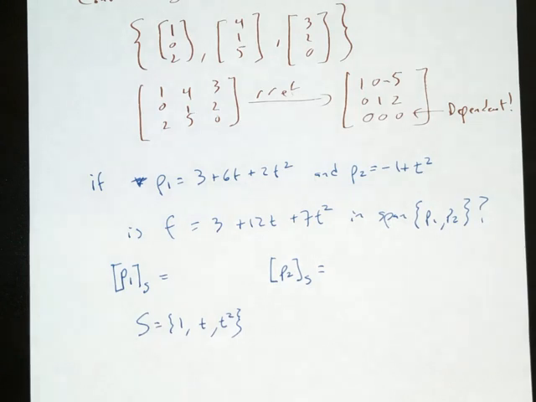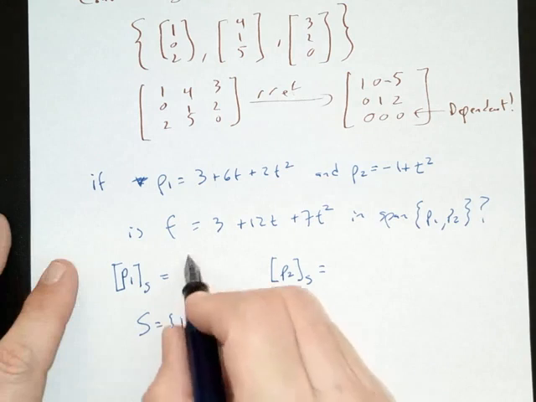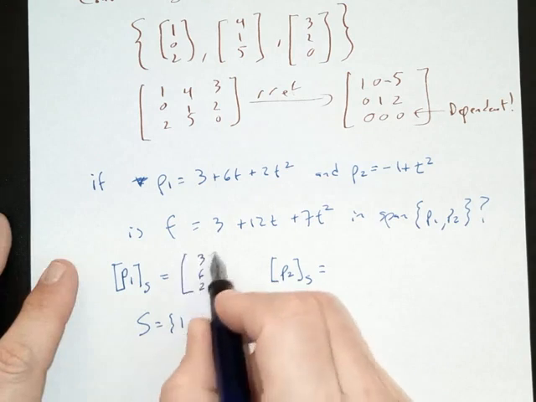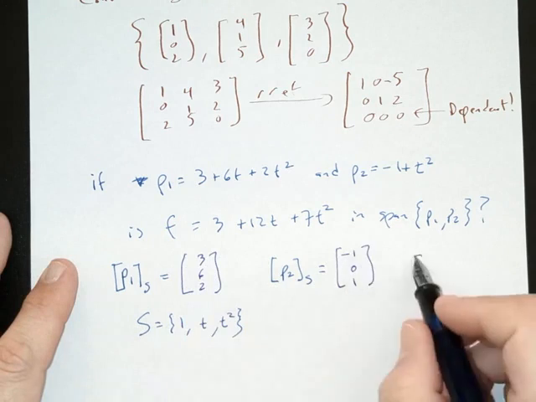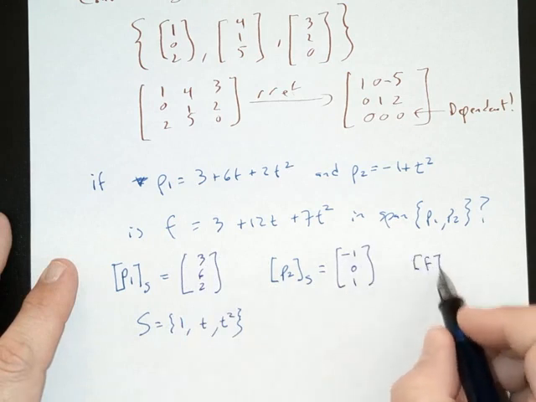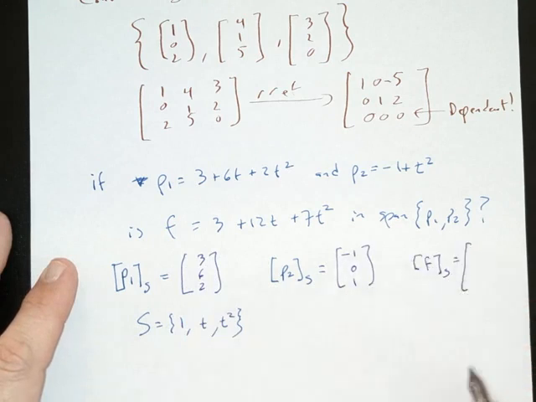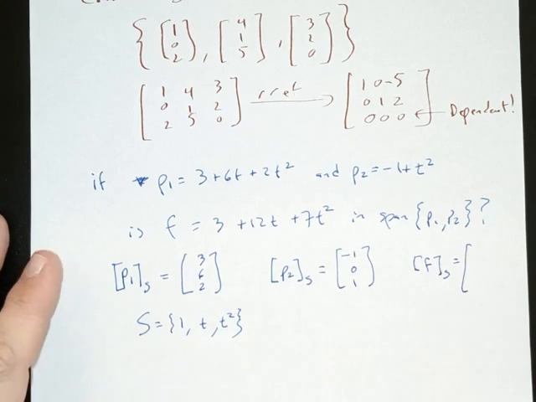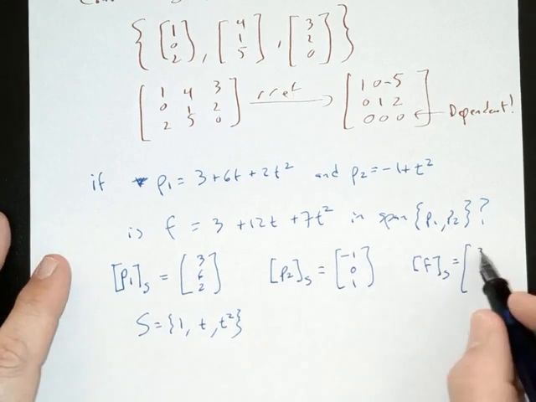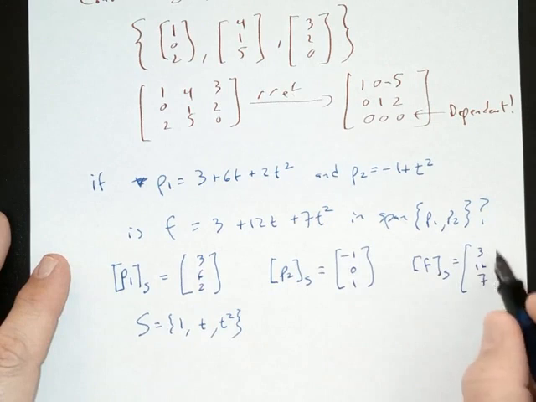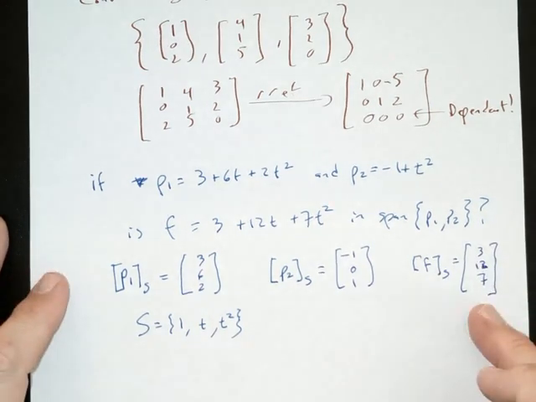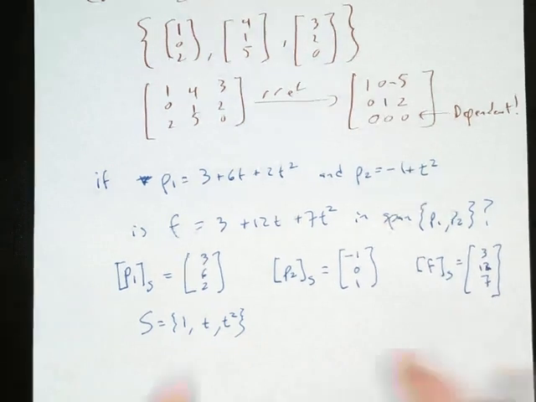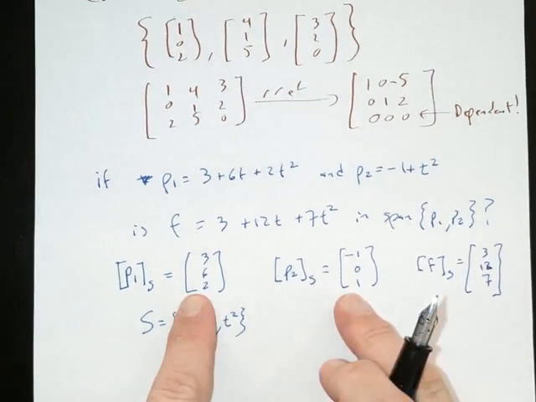And the coordinate vector for P2, and the coordinate vector for F. So what you're really asking is, is this in the column space formed by these?